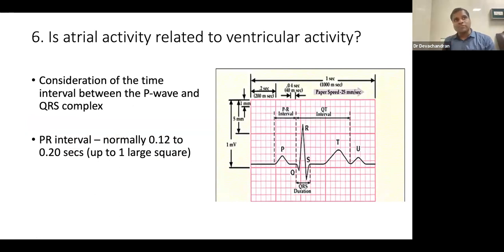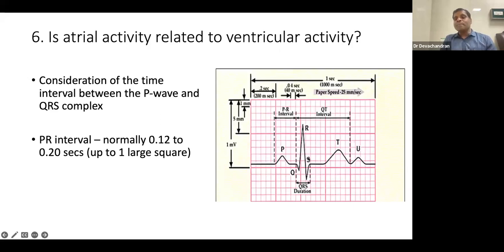Then QRS comes. If every QRS is married to a P wave, then the atrial activity is definitely related to ventricular activity. P followed by QRS, P followed by QRS. Definitely atrial activity is related to ventricular activity.